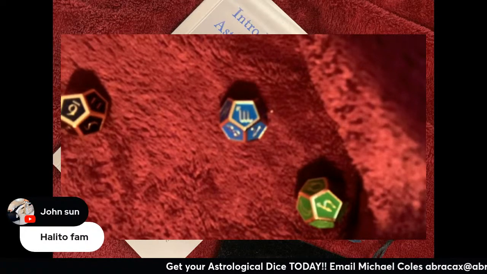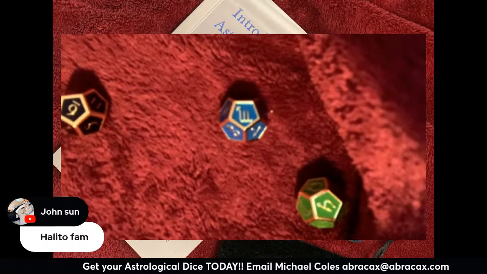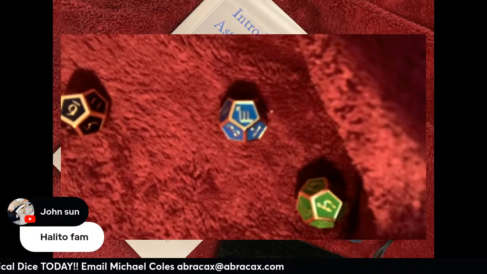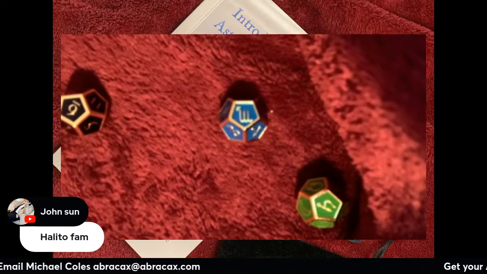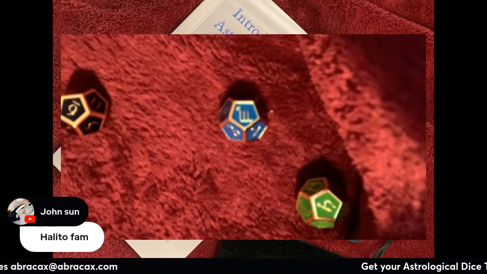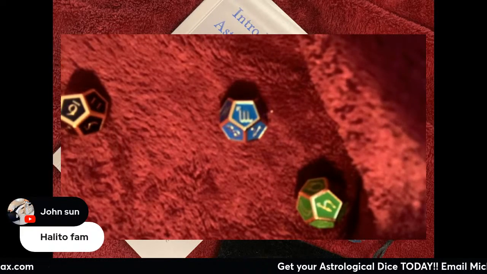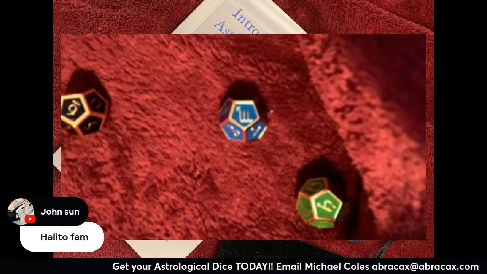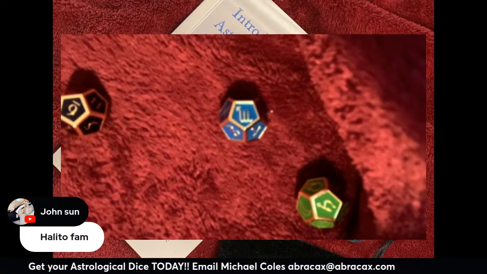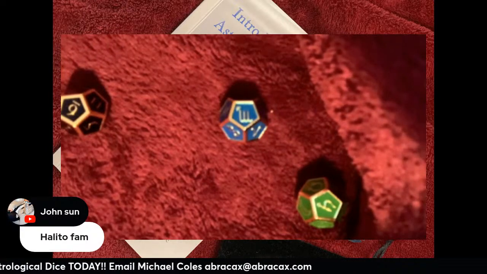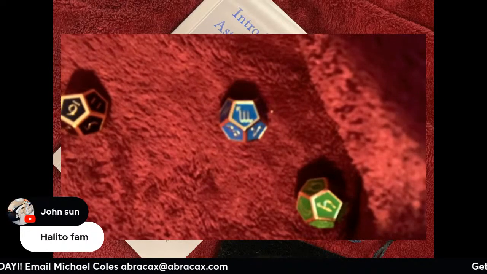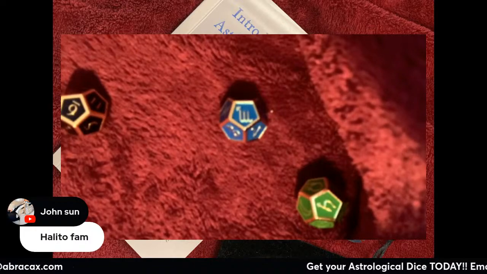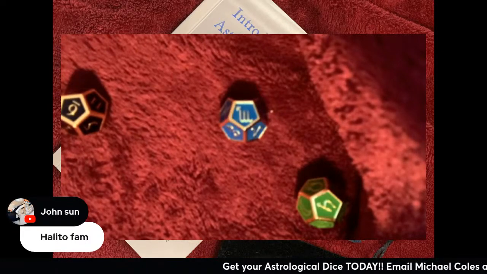So is this going to be helpful to me? Saturn. Then I have Scorpio. That's Scorpio, the blue dice. And I'm going to go look that up. Scorpio 43.